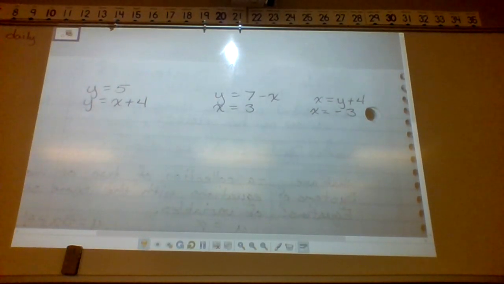Where's your variable at? You can just move this right over. Where's your variable? This is not good. Oh, I'm making the same mistake.